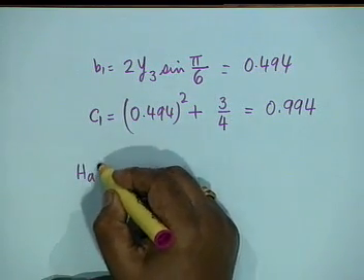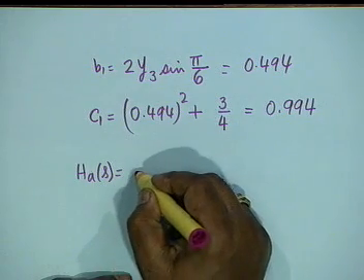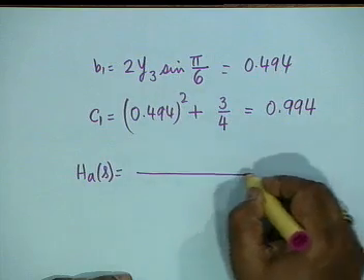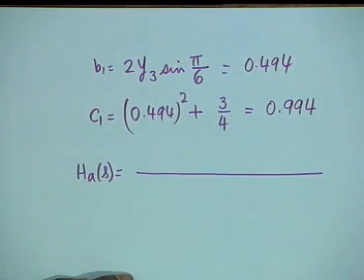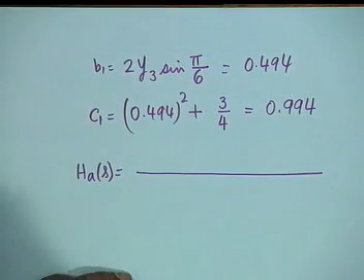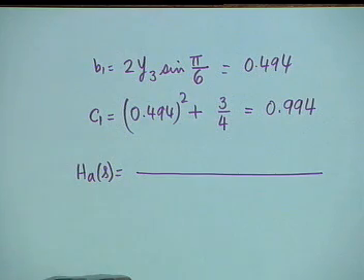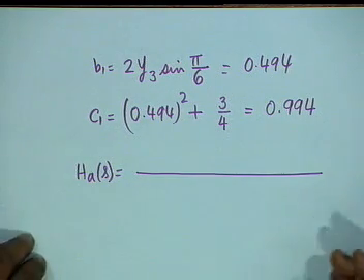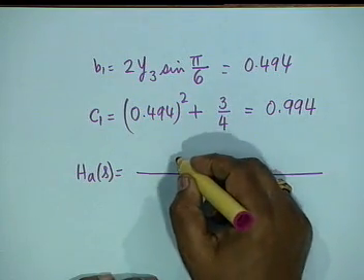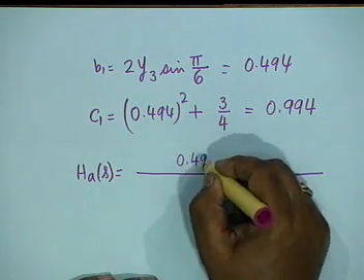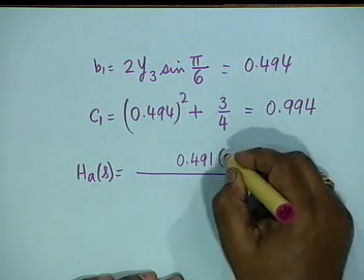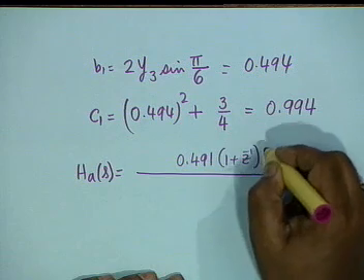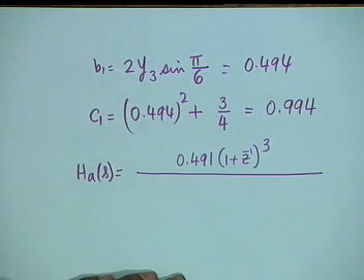Therefore, my H a of s becomes equal to this. You can now substitute omega p T by 2 and s T by 2 and so on. I have done this algebra. It's slightly nasty. It took a lot of time. The final result is 0.491 times 1 plus z inverse whole cube. This you expect. If it doesn't come, then you have made a mistake.